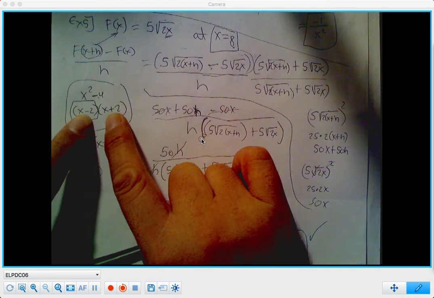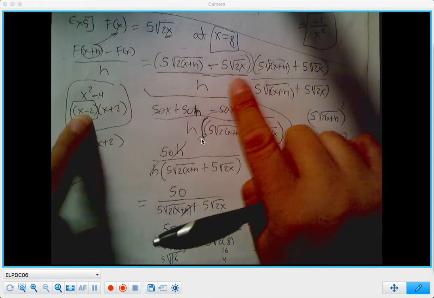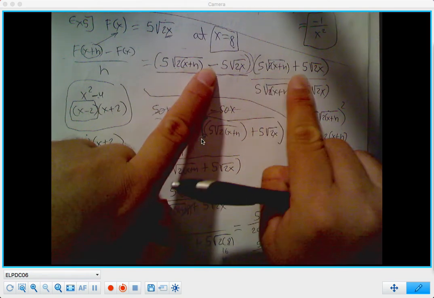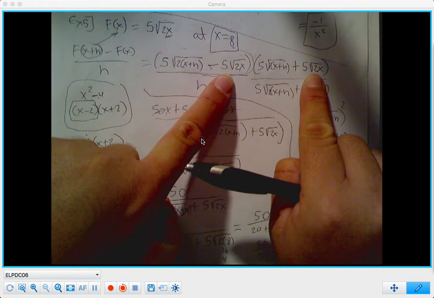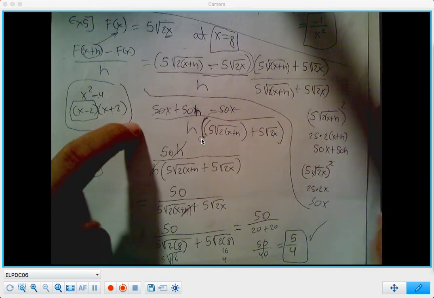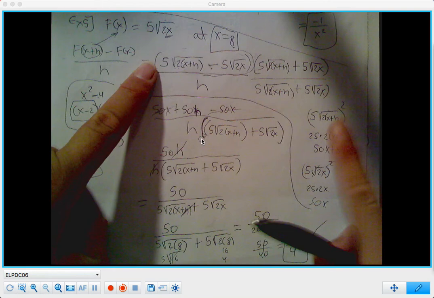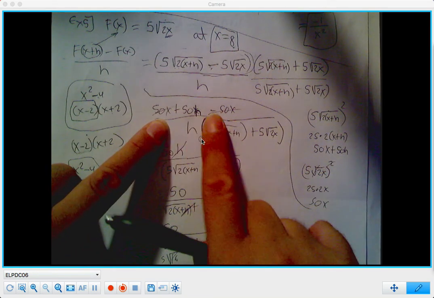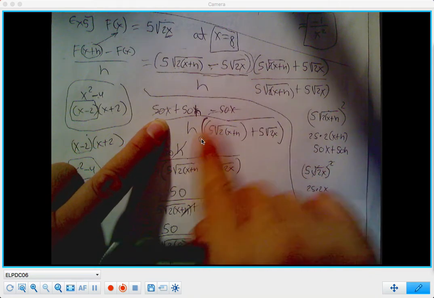The only difference is the minus and the plus. So look, this is the same thing, minus plus, and then the same thing. Now when you put it together, I multiplied it here, so you get this. That's how you cancel the radicals.